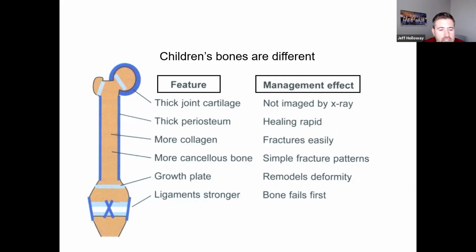You get that thick periosteum, which helps with healing. And so it fractures easily because of certain things, but then there are simple patterns, so it breaks more cleanly, versus adults, where it kind of shatters and there are pieces everywhere.